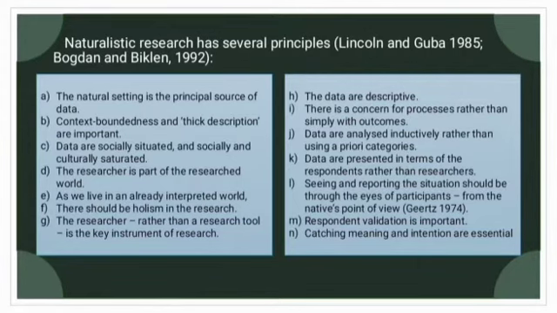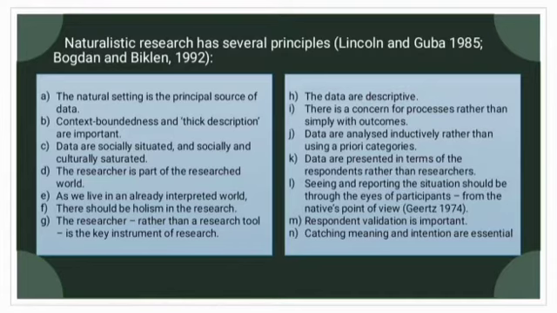Next, the data are descriptive. Next, there is a concern for process rather than simply with outcomes. Next, data are analyzed inductively rather than using a priori categories. Next, data are presented in terms of the respondents rather than the researcher.